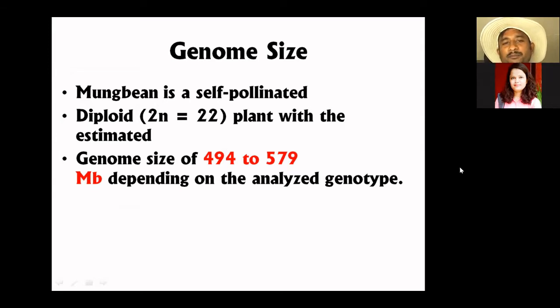The diploid chromosome number is 2n=22, and it is a self-pollinated crop. Most of the legumes are self-pollinated crops. In pigeon pea and others, they are often a little bit cross-pollinated. That is the reason why nets and other things are used for maintenance of purity.